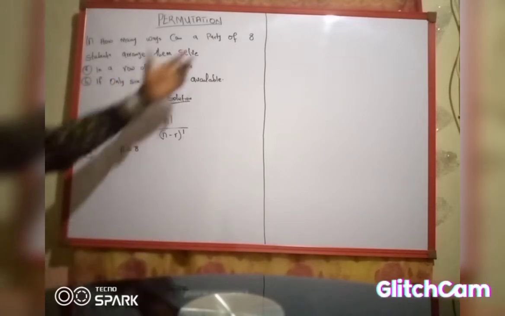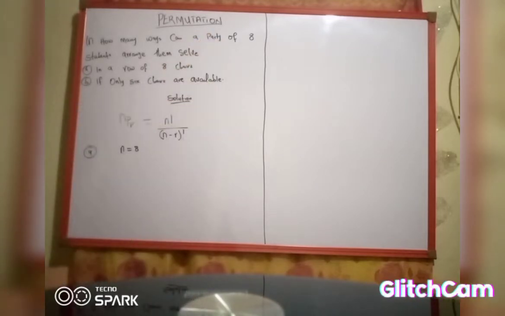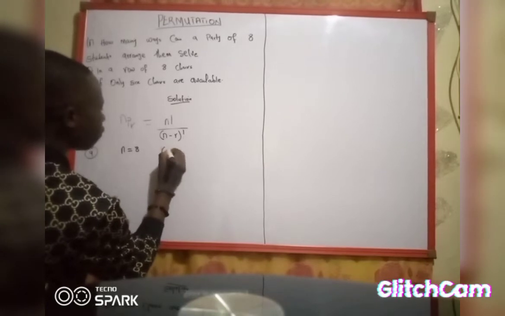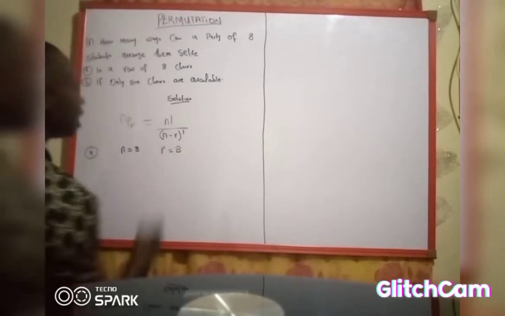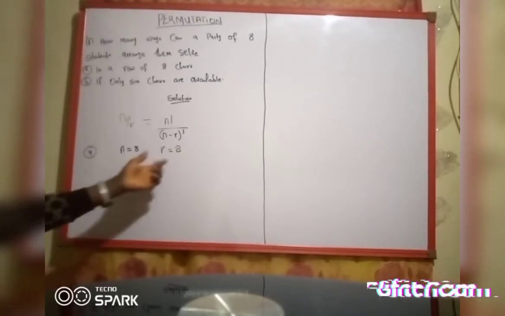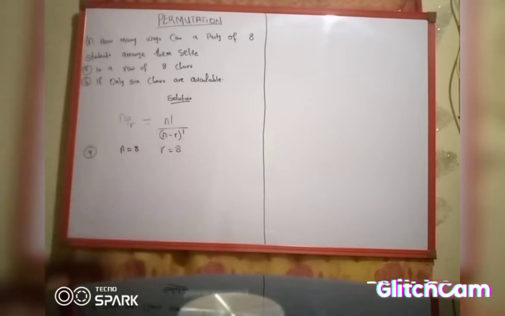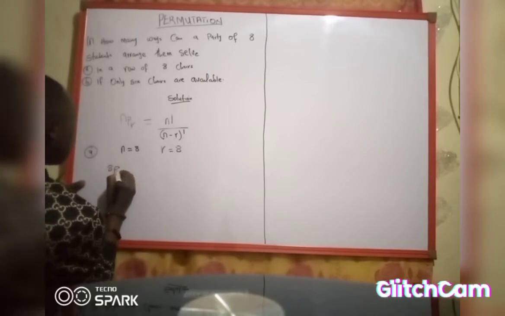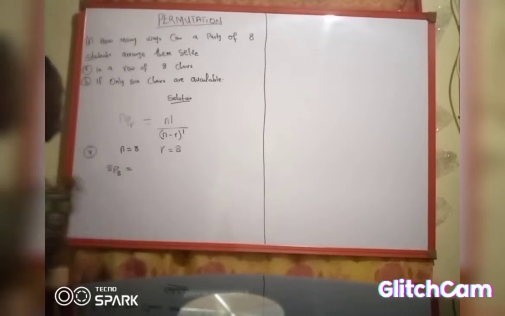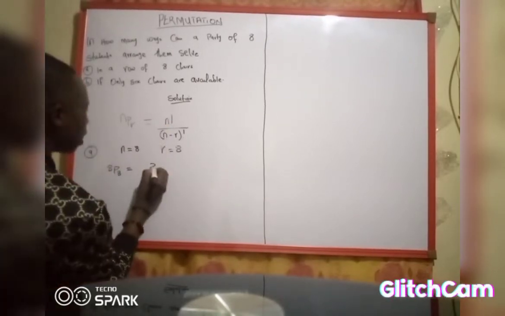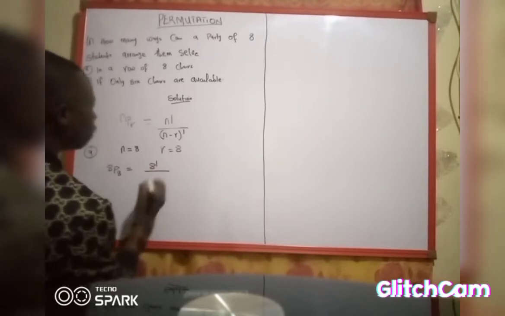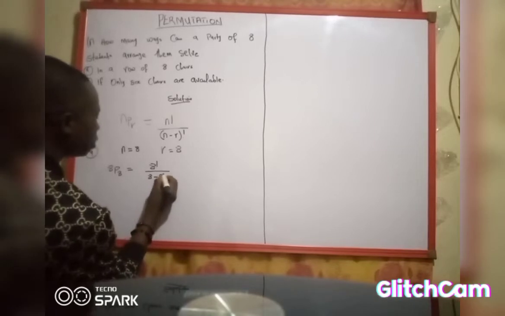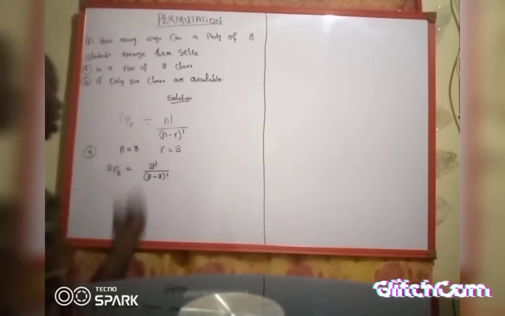So we are going to arrange these students in a row of 8 chairs, so my r is also 8. Let us substitute this into the formula. So we have 8 permutation 8, which is equal to 8 factorial all over (8 minus 8) factorial.